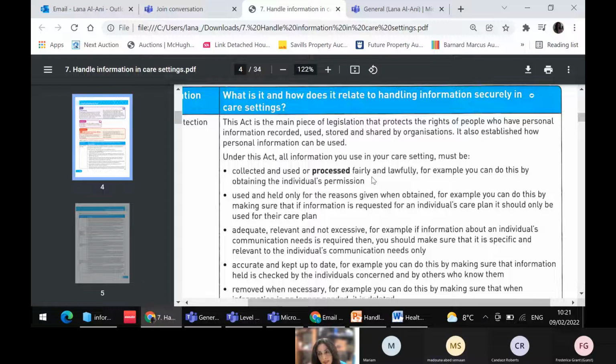We need to collect it fairly and lawfully, so the person knows exactly what kind of information is being collected about them and how it's being collected. When they sign, they can check their data, they know what kind of information we have collected about them.